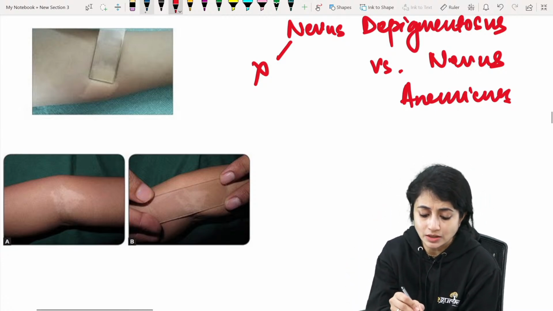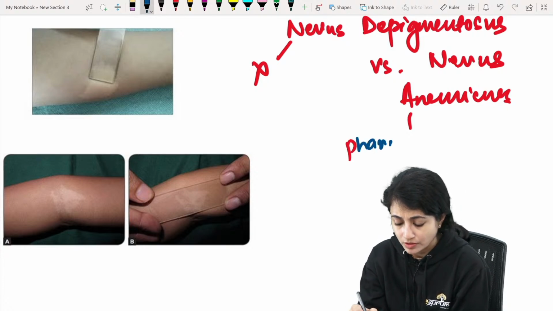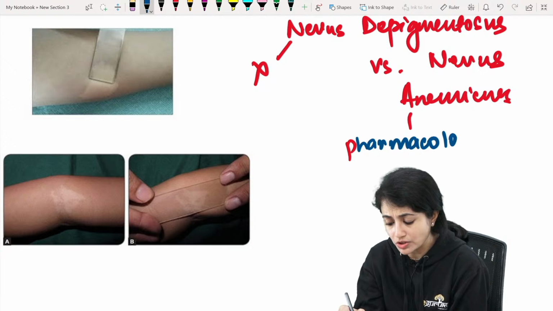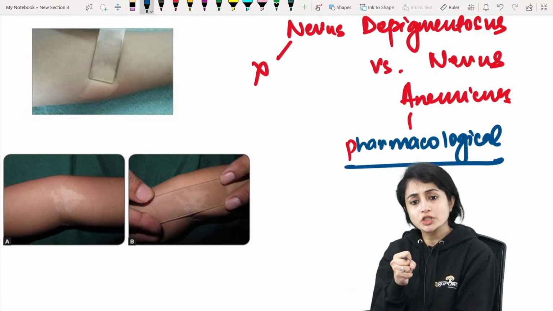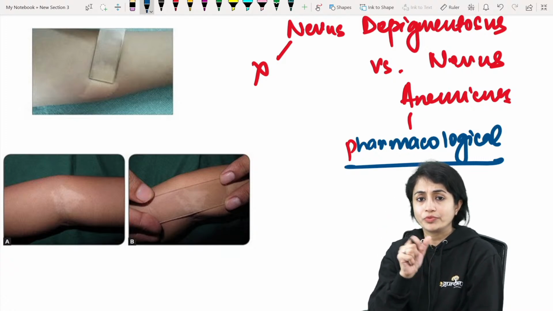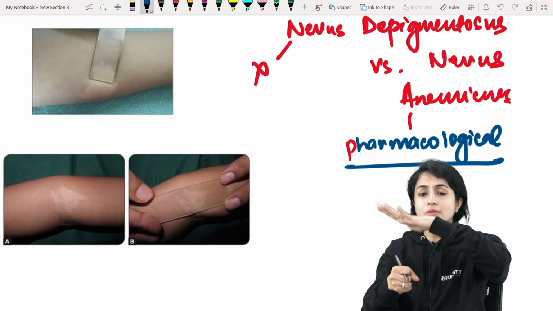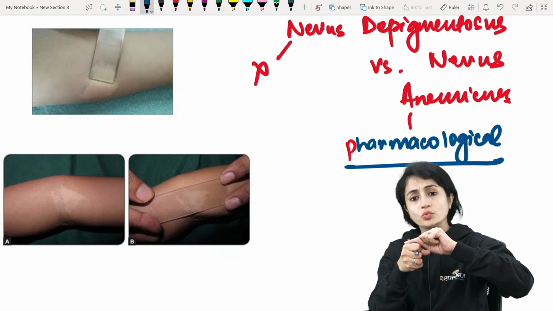Whereas nevus anemicus is a pharmacological nevus. So it is pharmacological because there are certain mediators there which cause vasoconstriction, and vasoconstriction leads to whitening of that area. Now, if you blanch nevus anemicus with a glass slide, what will happen? That was because of vasoconstriction.